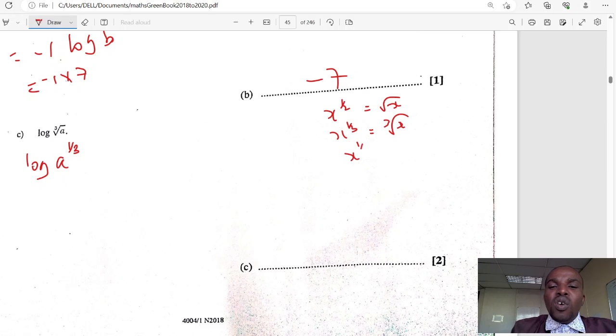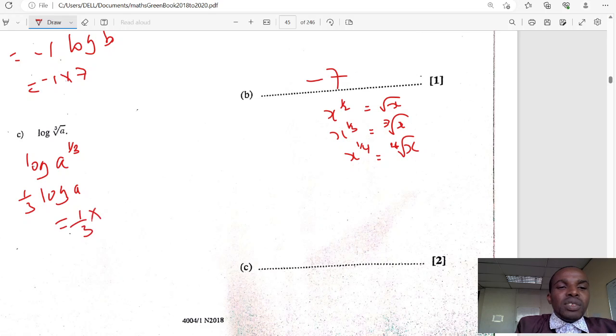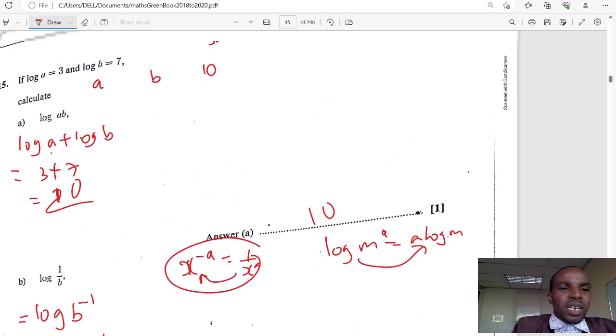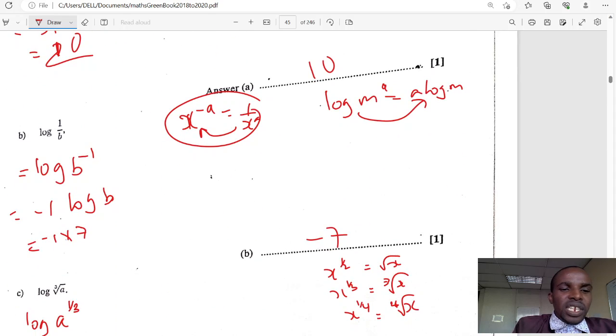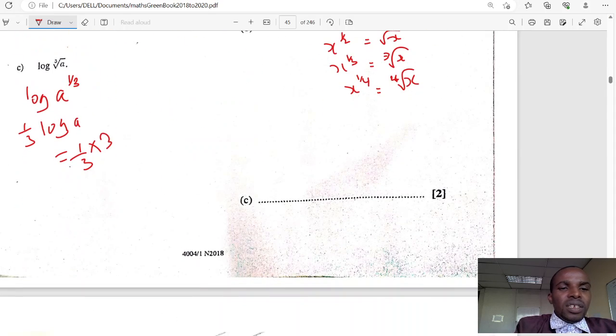X to the power 1 over 4 is the same as the 4th root of x. So that's the logic. Now you bring down 1/3, then times log A. So it will be 1 over 3 times log A. What's log A? It's 3. 3 into 3, 1. So your answer will be 1.